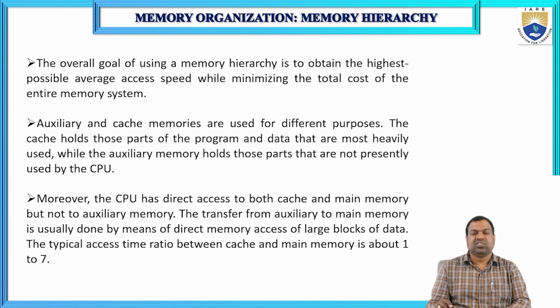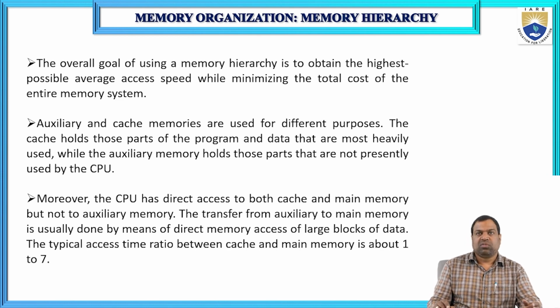Moreover, the CPU has direct access to both cache and main memory, but not to auxiliary memory. The transfer from auxiliary to main memory is usually done by means of direct memory access of larger blocks of data. The typical access time ratio between the cache and main memory is about 1 to 7.